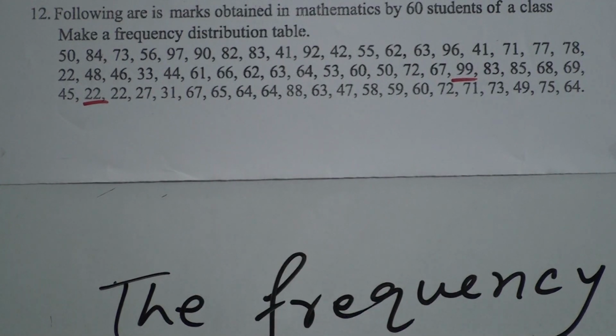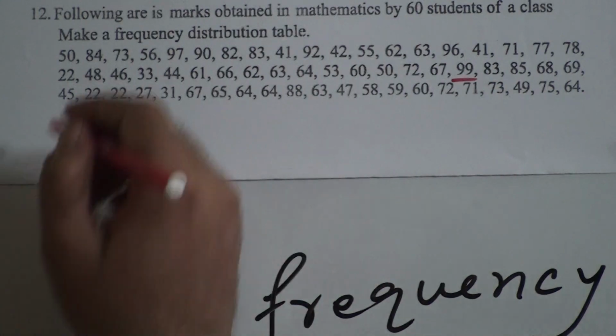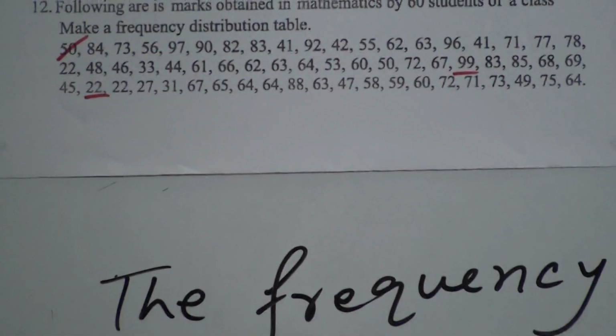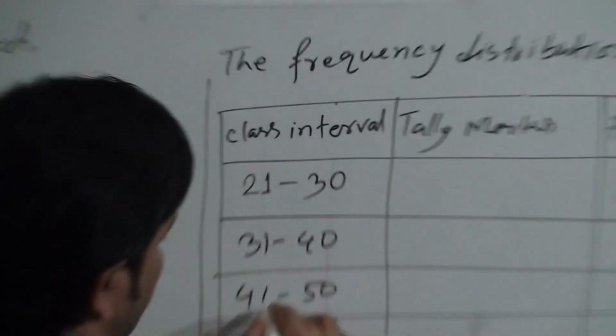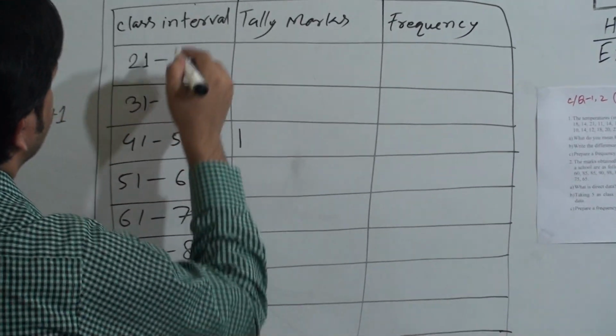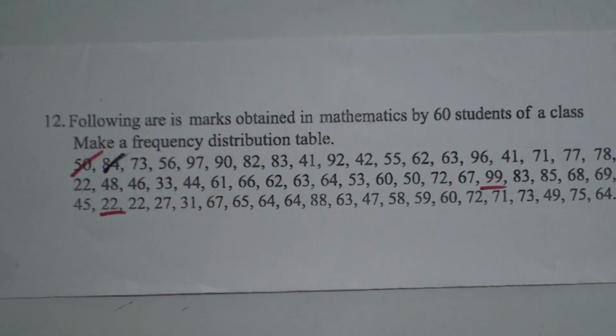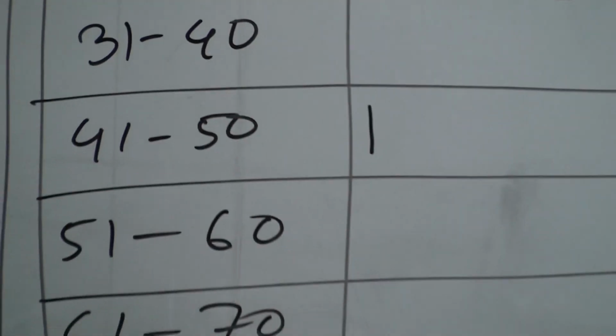Here the first number is 50. We cut 50 and give a tally mark in 41 to 50. Then the second one is 84, which is in 81 to 90.